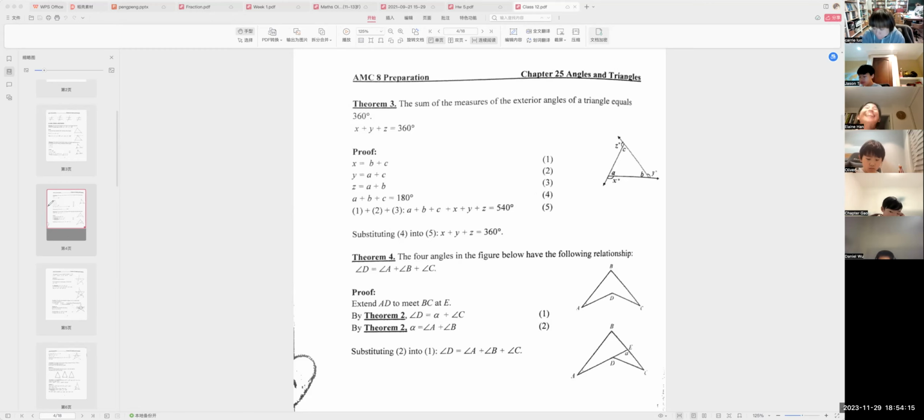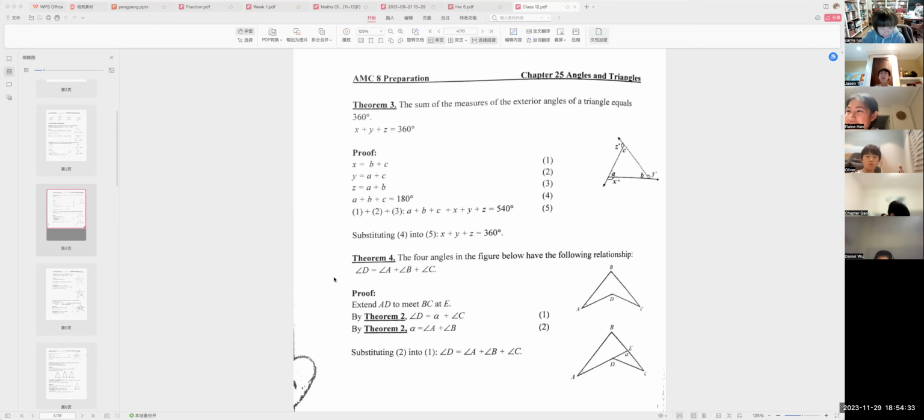Kevin and Elaine are classmates, they're from the same school. What? Okay, then he's in a different grade.